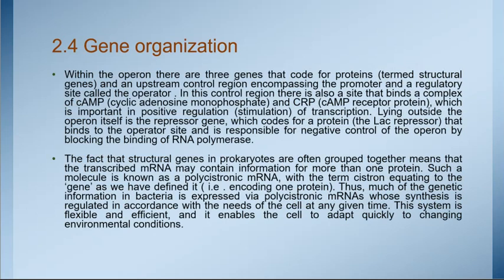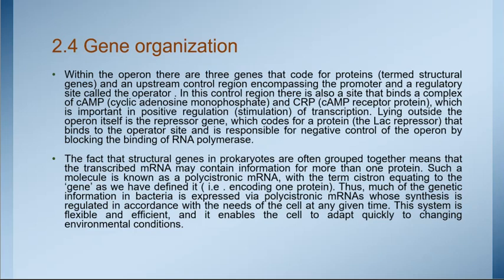Within the operon, there are three genes that code for proteins, termed structural genes, and an upstream control regime encompassing the promoter and a regulatory site called the operator. In this control regime, there is also a site that binds a complex of cAMP and CRP, which is important in positive regulation of transcription.